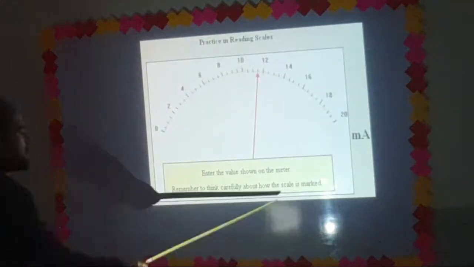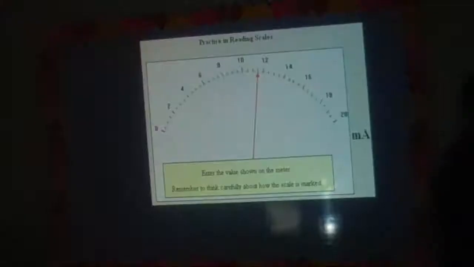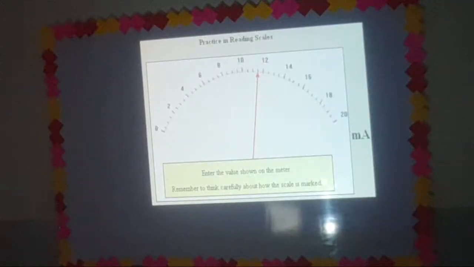This is a question from P4. We must be able to read ammeter and voltmeter. In this question from P4 you have been asked to give the reading of this device.